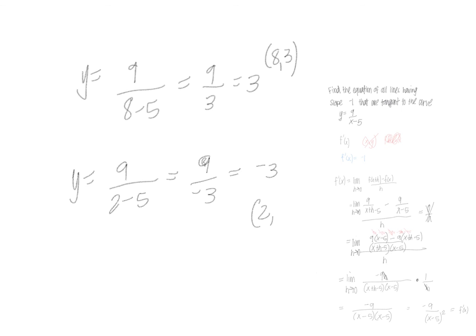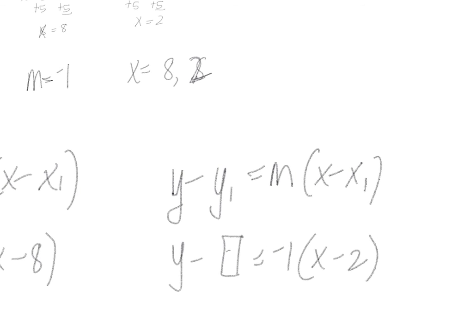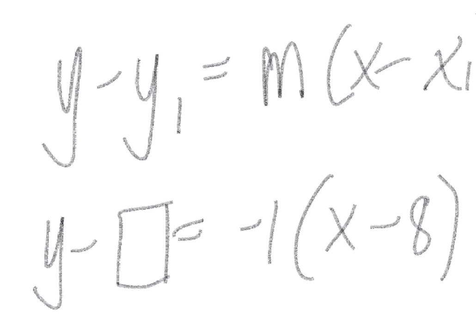So 2, -3 is that point. So now we can go plug in those y values. When x was 2, it was a y value of -3. When x was 8, it was a y value of +3.